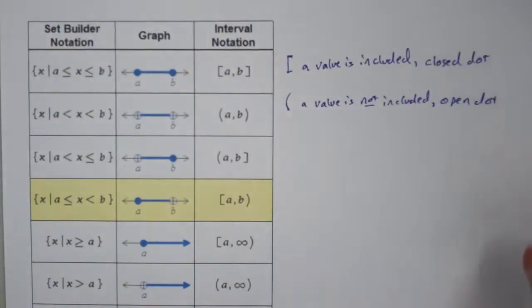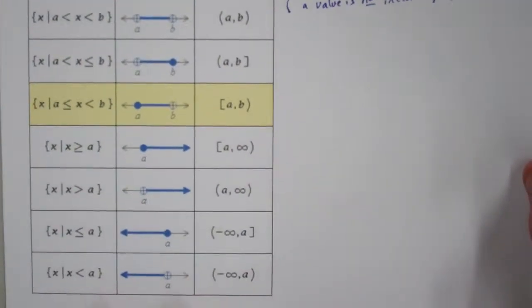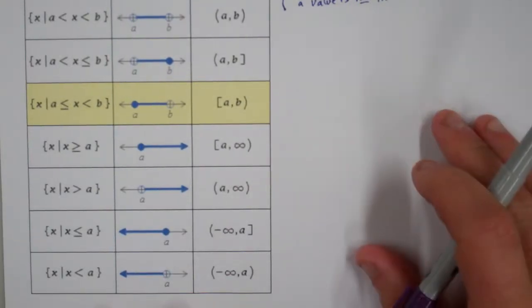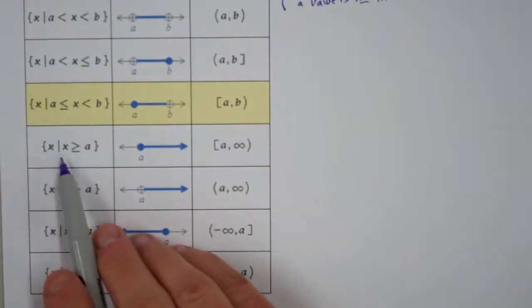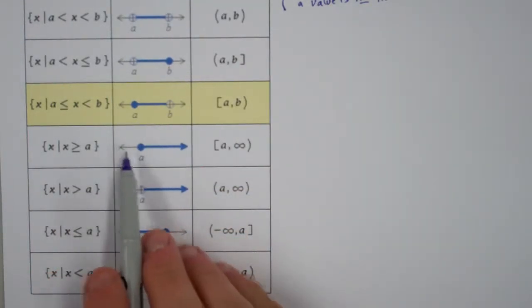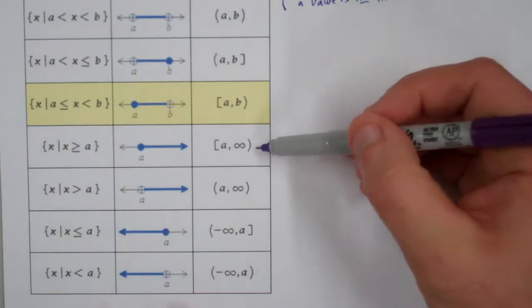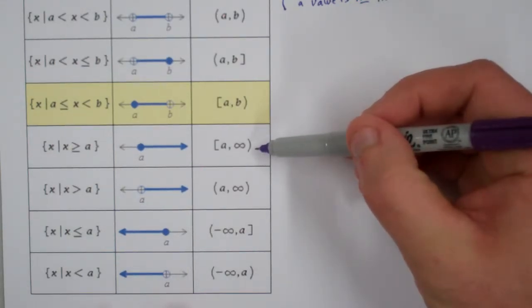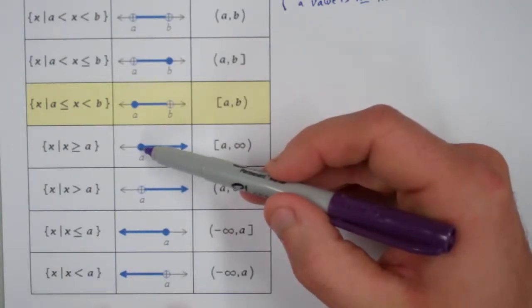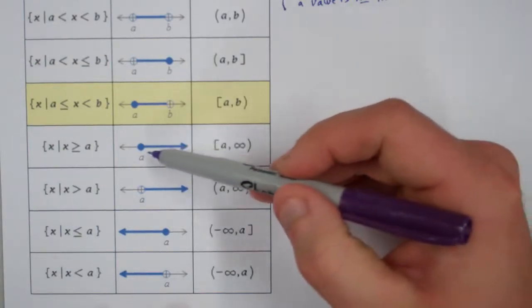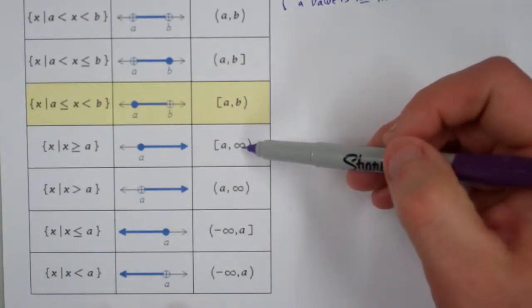As we move down here, I'll move this up for you guys, you can see that we've got some interesting situations down here in the bottom. Here we can write just x is greater than or equal to A, but on the right hand side for interval notation, we always write the lower number, which is A, that's the lowest value that's included, and then all the way to the right is positive infinity.